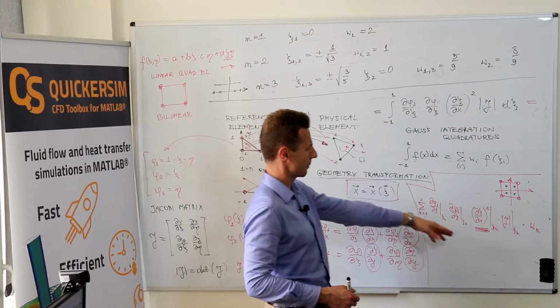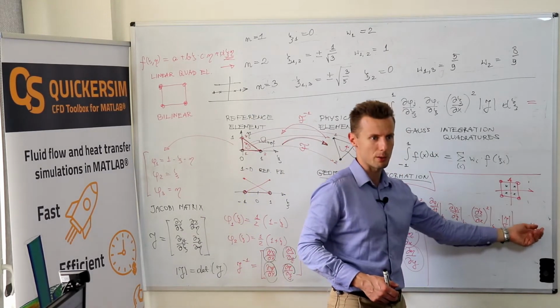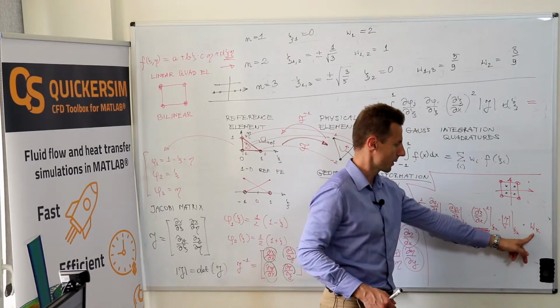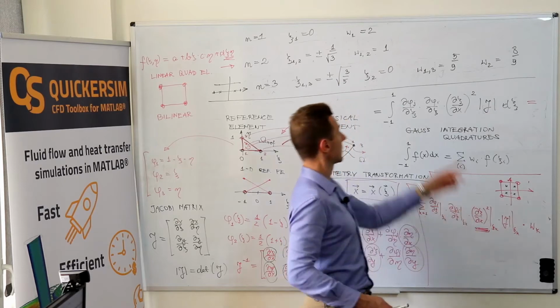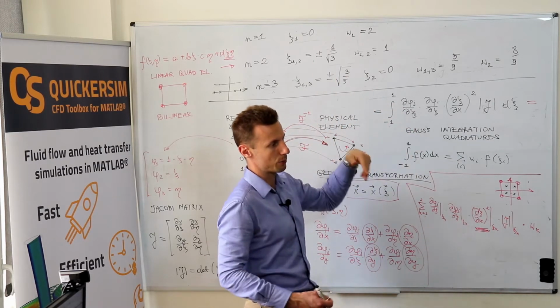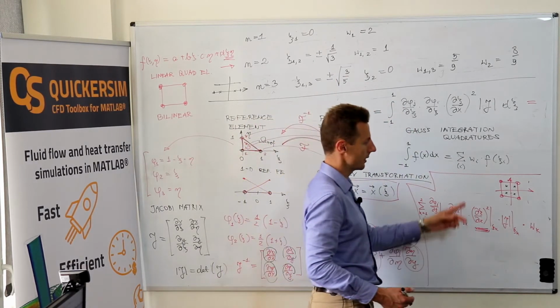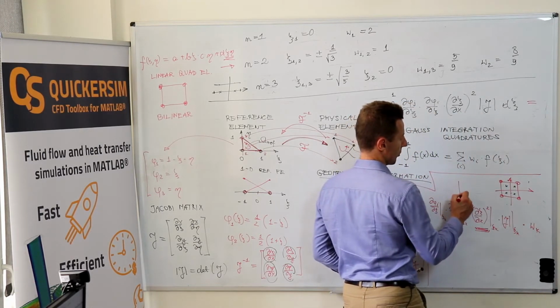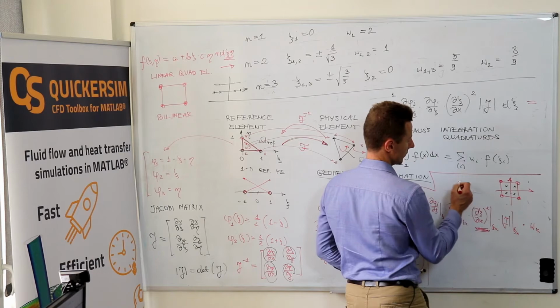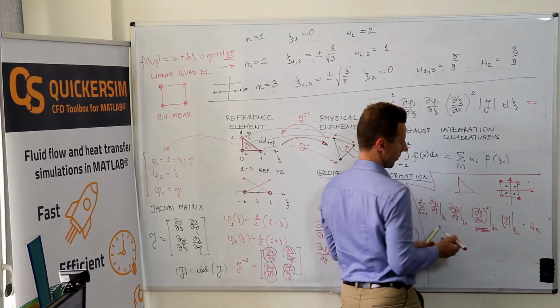So we'll probably end up with products of the subsequent weights. The integration points are exactly the same, just with respect to psi or eta. Also, that's something that you need to look for.